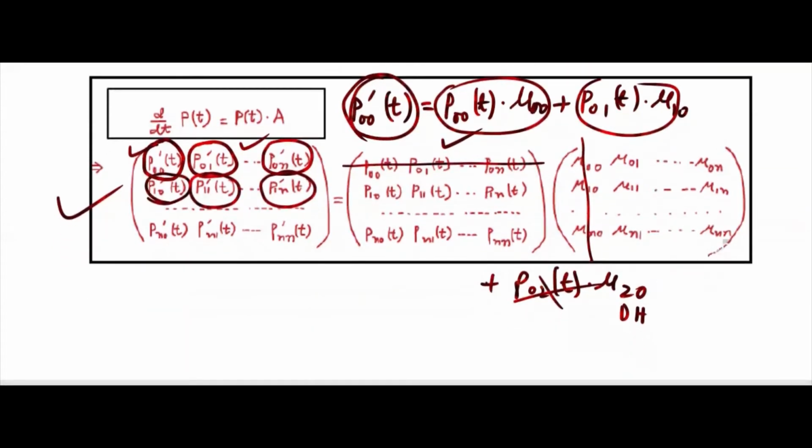The first one I've written. If you want to write the second one, healthy to sickness, the second one, how can you get? This is the first entry. What is the first entry here? This one. What is the second entry right hand side? When you multiply, normally we multiply this way. This is the first term, and first one, second column, you will get the second entry. First one with the last column, you will get the last entry this way.